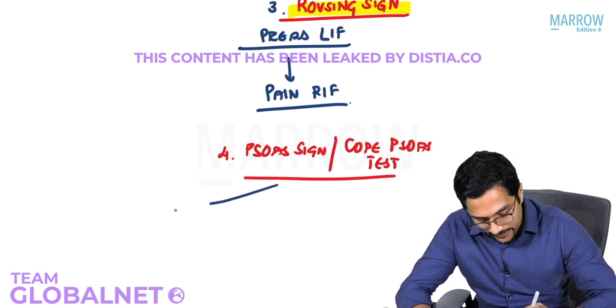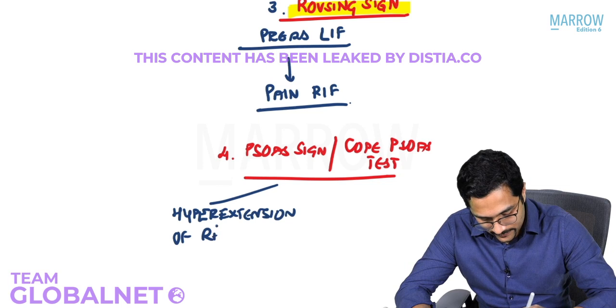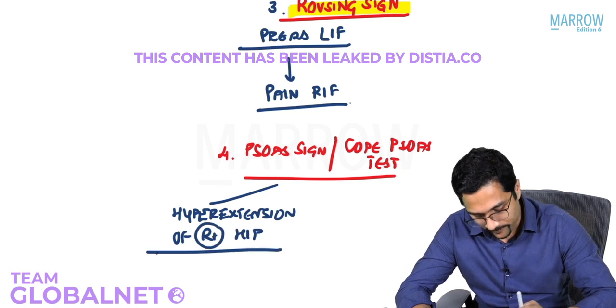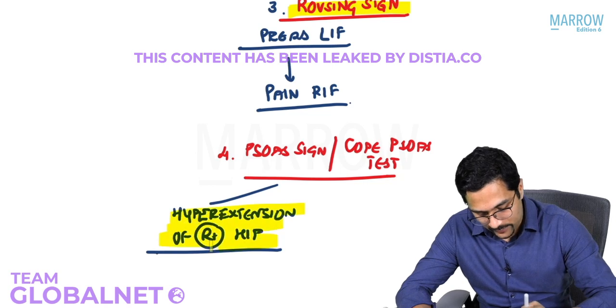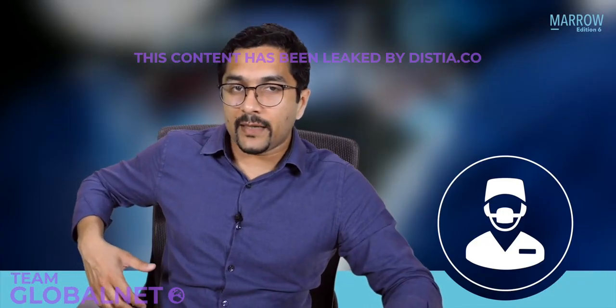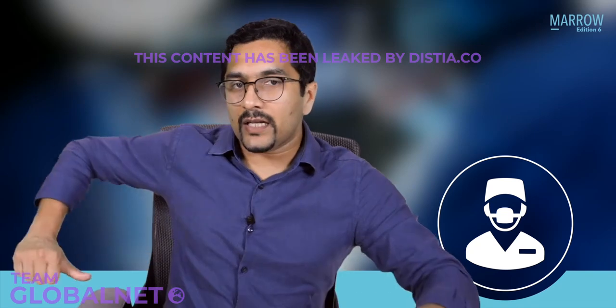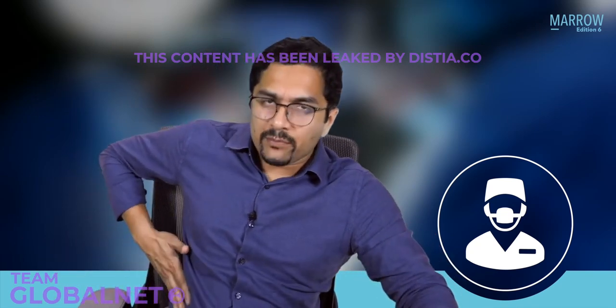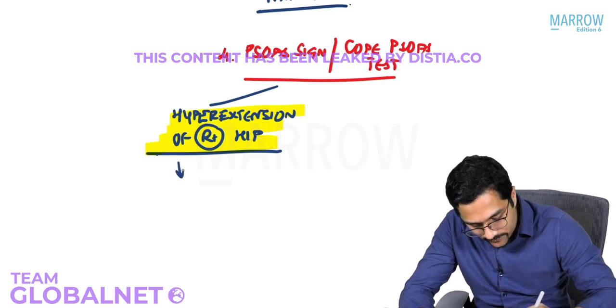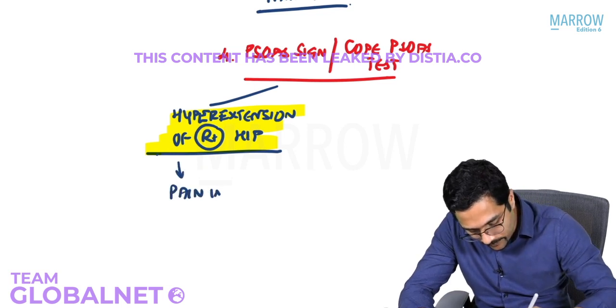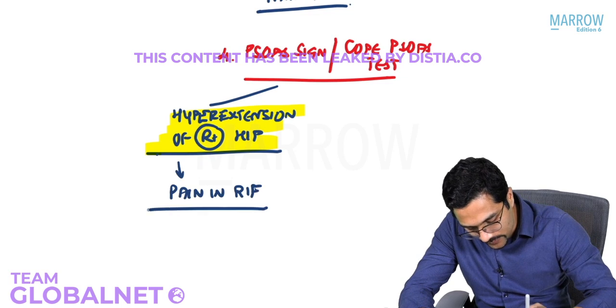One is by hyperextension of the right hip. This is the classical description of the Cope psoas sign in various books. You make the patient lie down and hyperextend the right hip, and that will cause pain in the right iliac fossa.